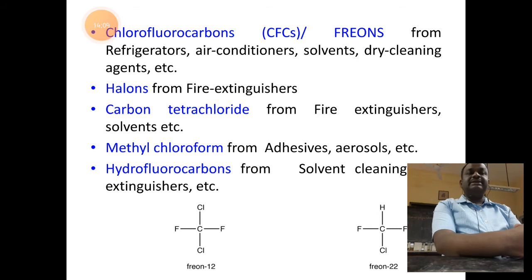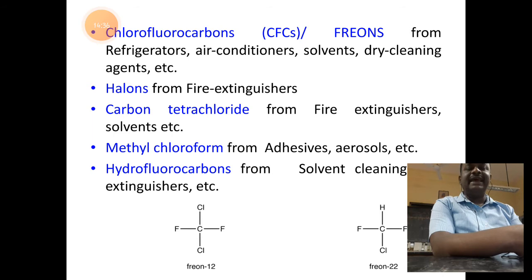It includes CFCs or freons from the refrigerators, air coolers and dry cleaners. Then halogens that emerge from fire extinguishers. Then carbon tetrachloride from fire extinguishers and even the solvents. Methyl chloroforms from the adhesives and the aerosols.